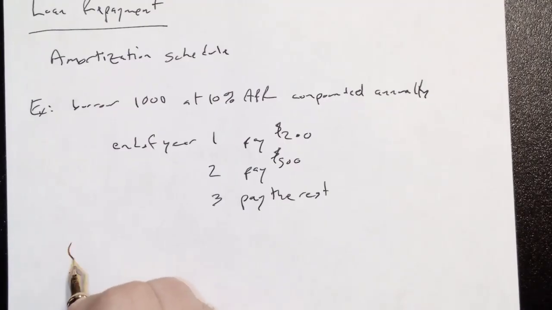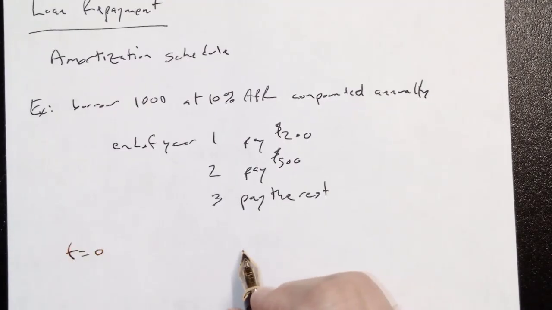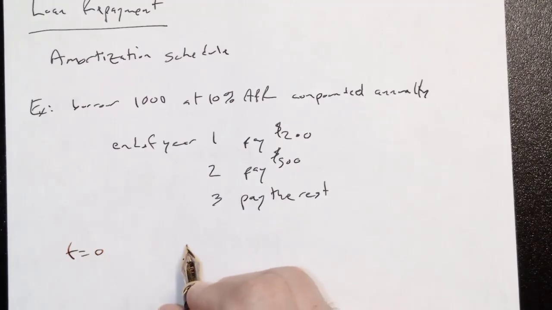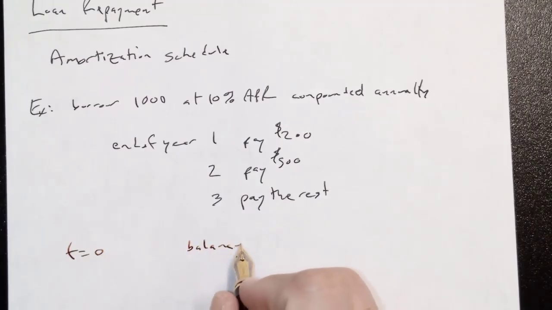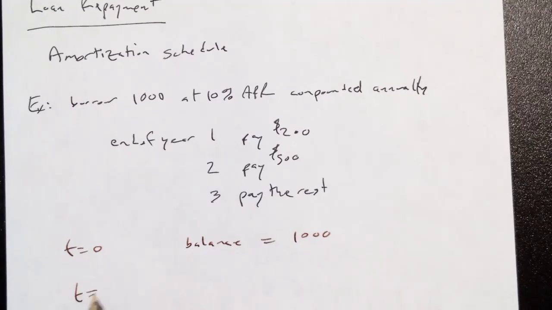At time zero, you have $1,000 outstanding. A year later, what happens? But before that, you've had my money for a year. I'm going to charge you the interest.